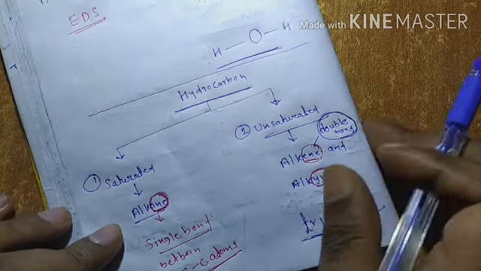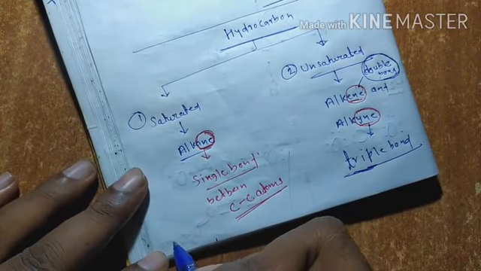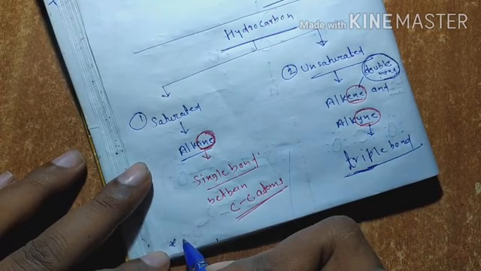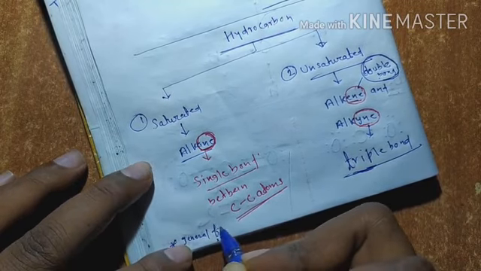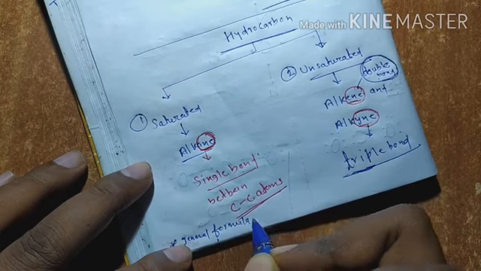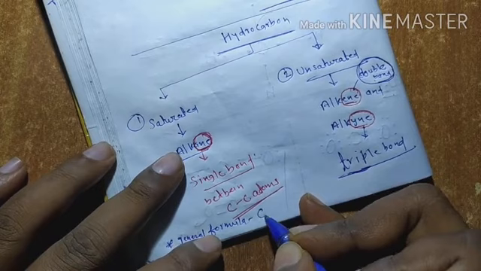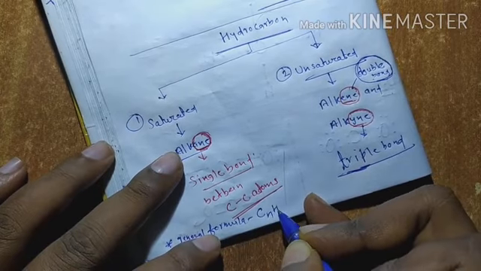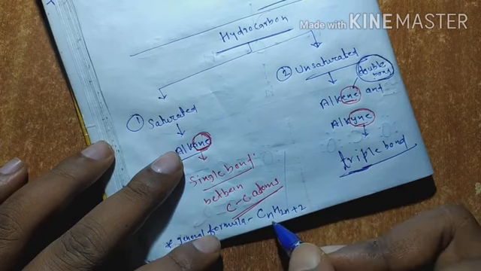General formula. I am just putting here a star. This is very, very important. General formula of alkane is CnH2n+2. CnH2n+2.